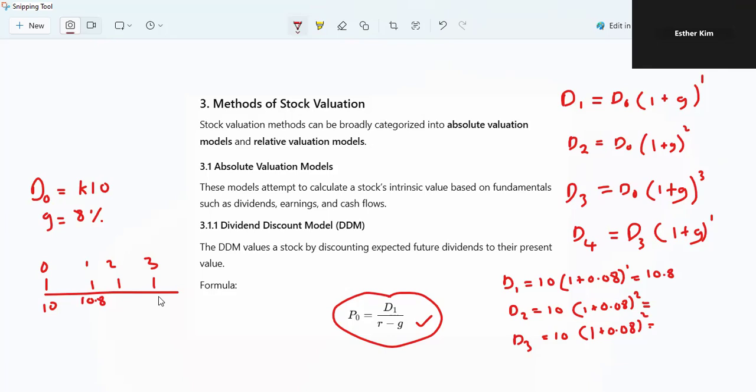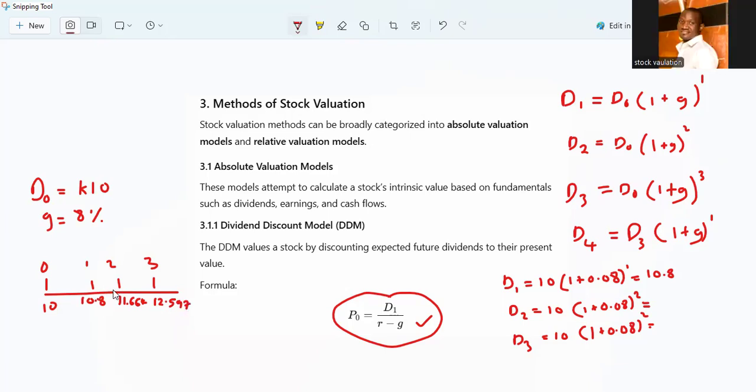For D2, the answer is 11.664. So this is the one that you have here. Then for D3, it is 12.597.